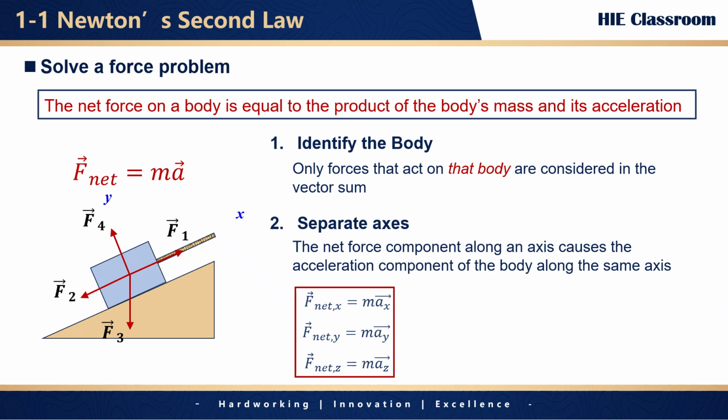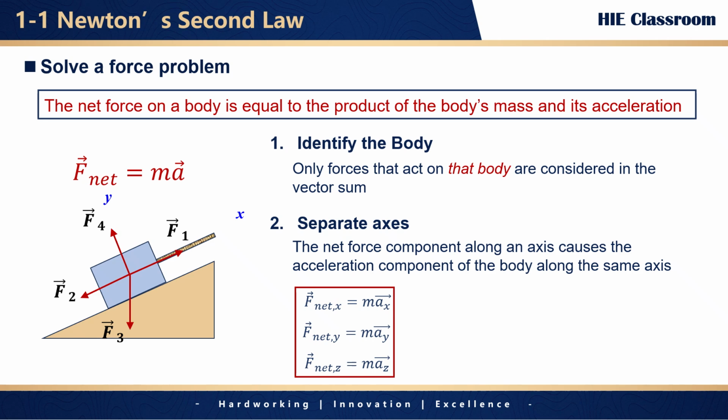As we mentioned above, the net force component along an axis causes the acceleration component of the body along the same axis. Here, we first define the x-axis along the slope and the y-axis normal to the slope surface. Then we can see that F1 and F2 are both along the x-axis.